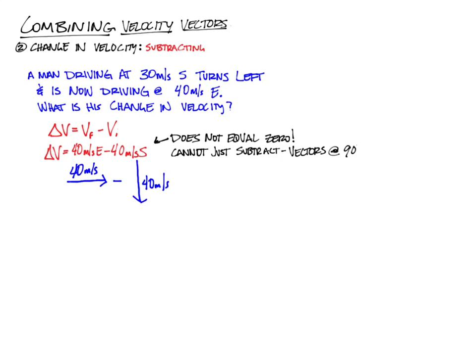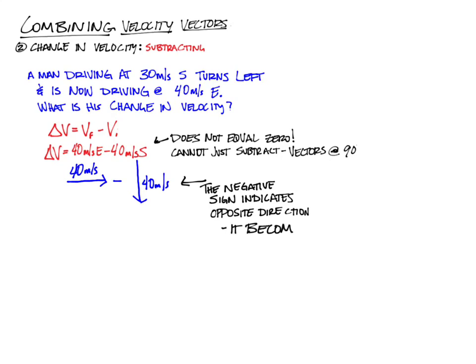We're going to have to use this vector adding tip to tail thing to put them together. But we only talked about adding vectors. So this negative sign here indicates it's the opposite direction. Because of that, it's going to be 40 meters per second north. That changes how we add the two things together.